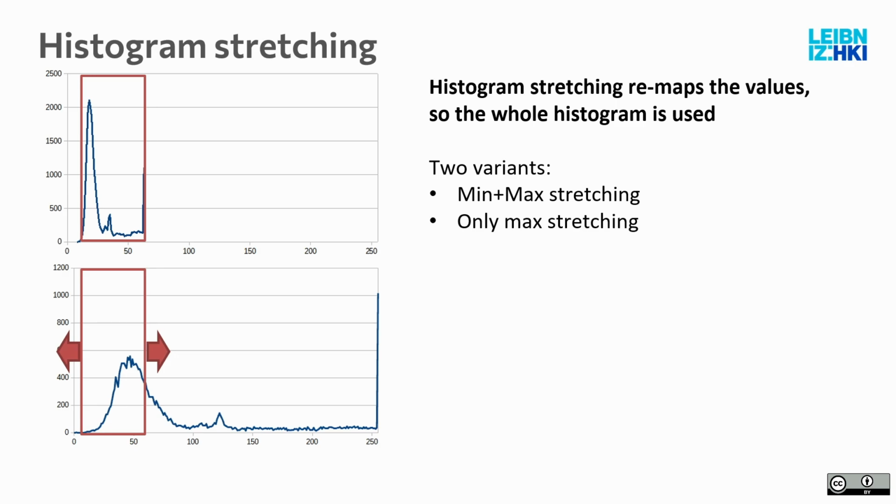Or we only do the max stretching, so you would only grab it from the right and max that one out, but leave the left side alone, because there might be some information in there. There are many operations available that would actually apply the histogram stretching for you.